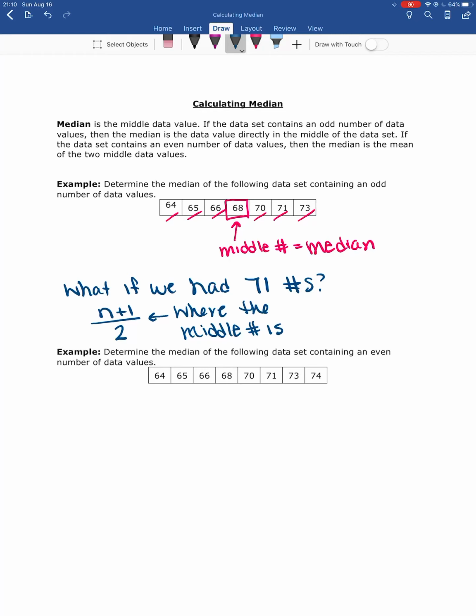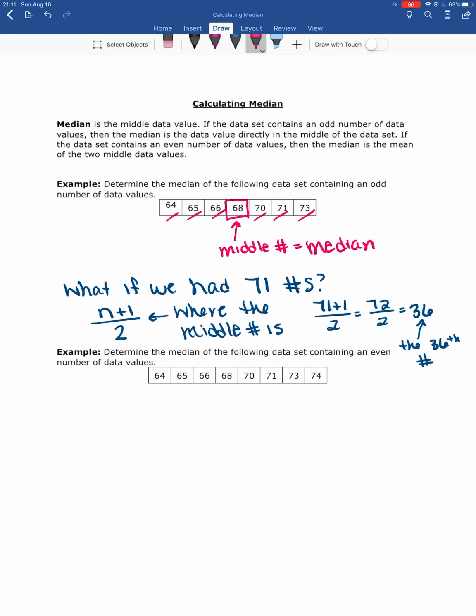So then we're able to go through and find that middle number a whole lot easier. So if we had 71 numbers, the middle number would be 71 plus 1 over 2. So that would be 72 over 2, which is 36. So it would be the 36th number. It's not the number 36, it would be the 36th number in the data set.